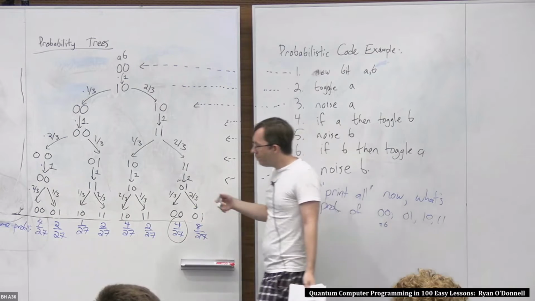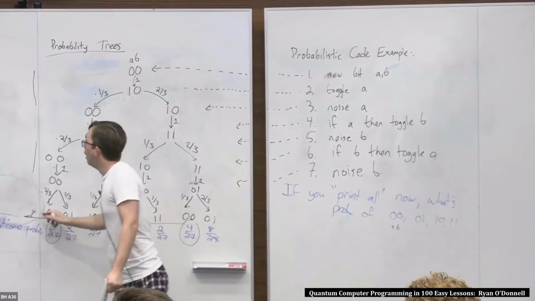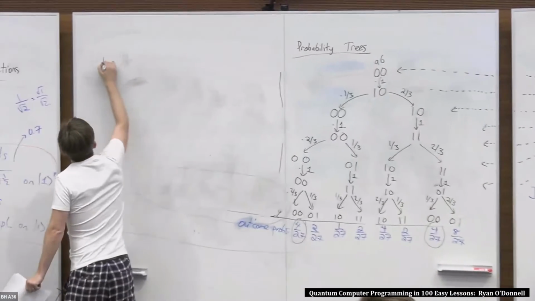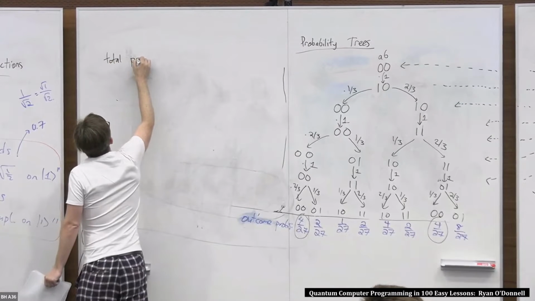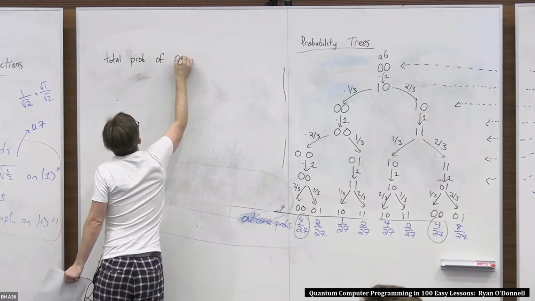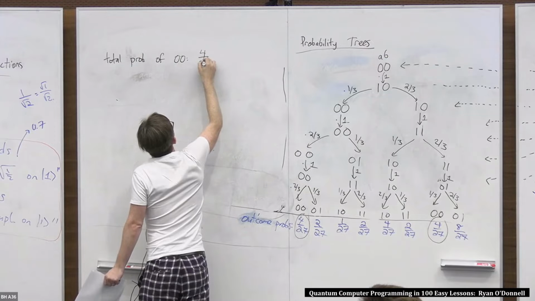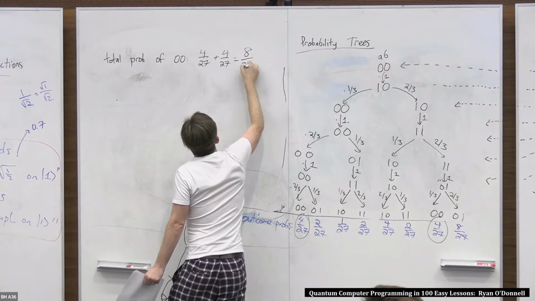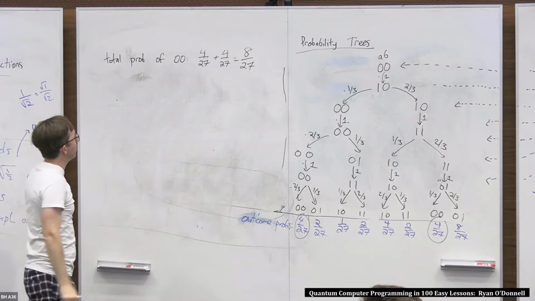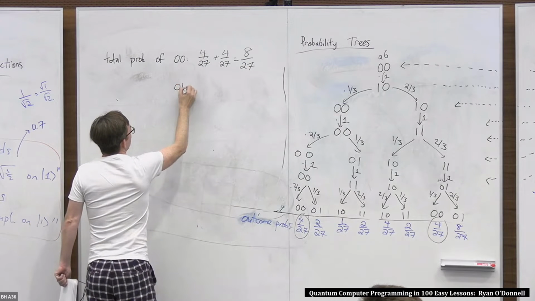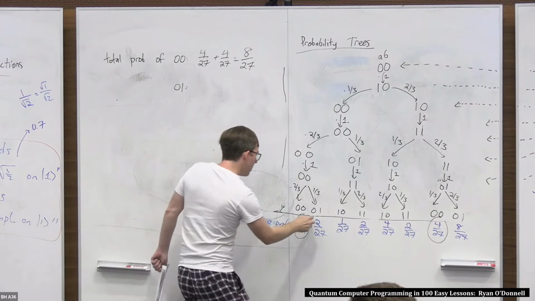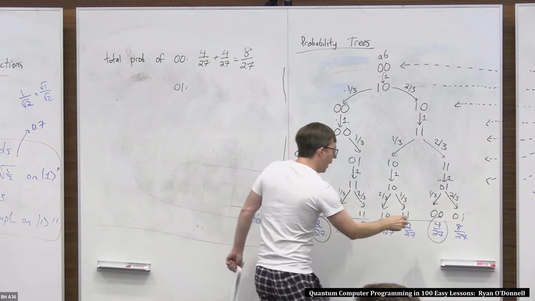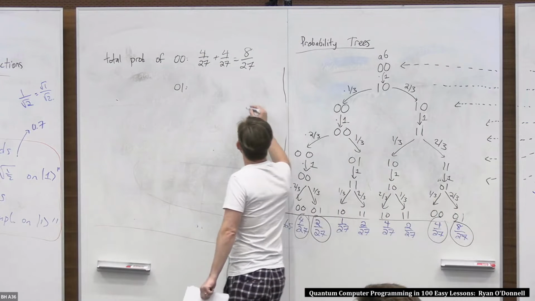And therefore, the total probability of getting to 0, 0 is 4/27 plus 4/27, which is 8/27. That's why I had 8/27 in my mind. The total probability of getting to 0, 1 is 2/27 plus 8/27, that's 10/27.